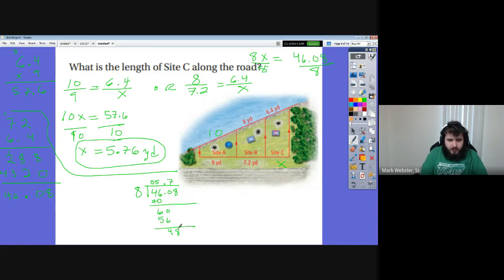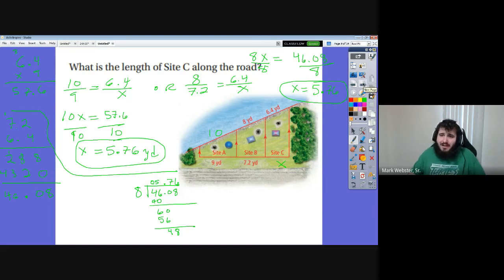Drop down the 8. 8 goes into 48 6 times. See, same answer. Now, obviously, one of those felt easier, probably, I would imagine, right? But that's okay. It doesn't matter which way you go. One way, the other way, doesn't matter.